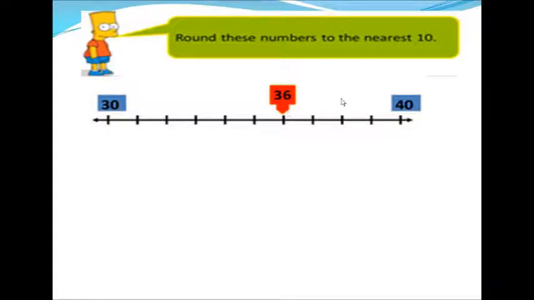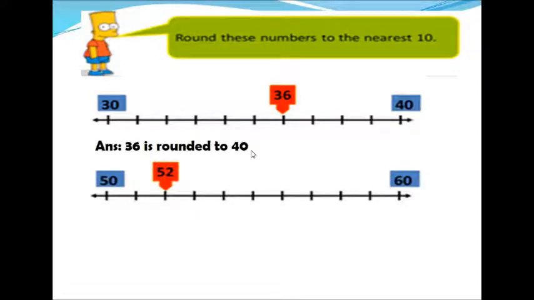So 36 will be rounded to 40. If we try to apply the rule over here, the rule says the number which ends with 6, 7, 8 and 9 will be rounded to the next 10. So here it is 36. It's ending with 6. So definitely it will be rounded to the next 10, that is 40. So the answer is 36 is rounded to 40.